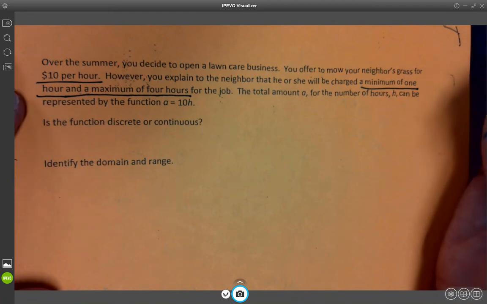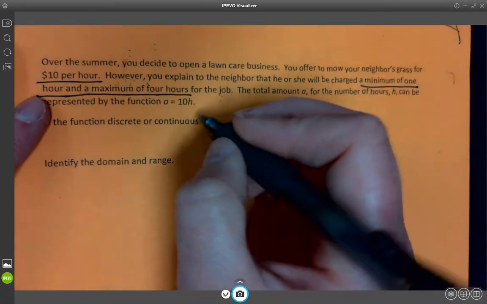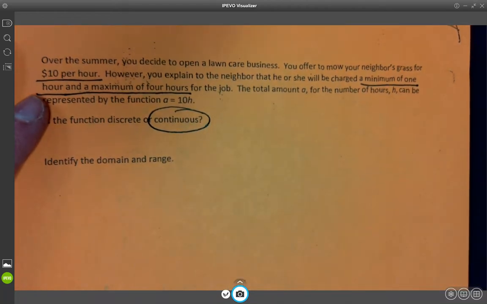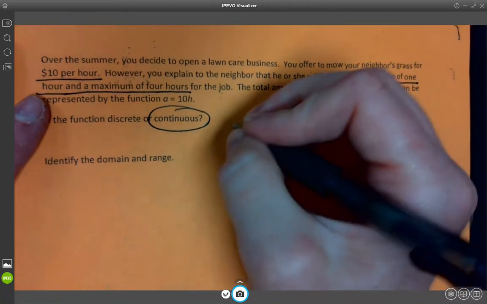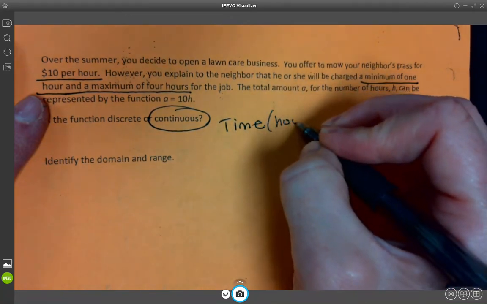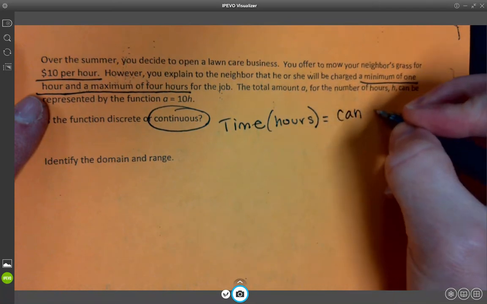Yeah. Time is continuous. So that means that we are going to have a continuous relationship. So it's dealing with time, which is in hours, but you can charge for half an hour.